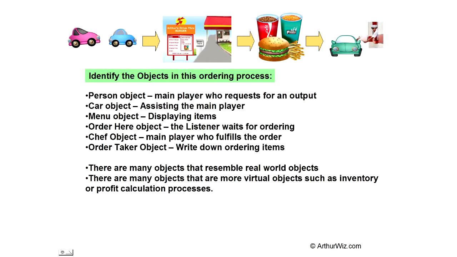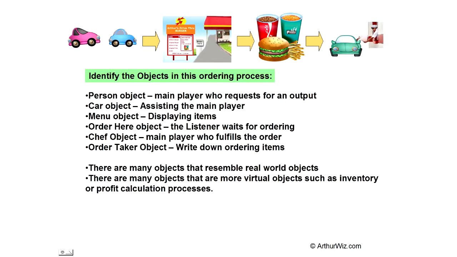There's an order box object, which is the listener that waits for orders. The chef object is also a main player who fulfills the order by making the food. There's an order taker object, someone who jots down the items that the main player ordered.